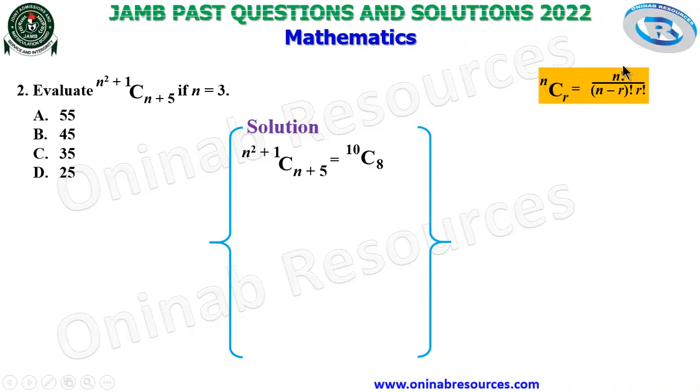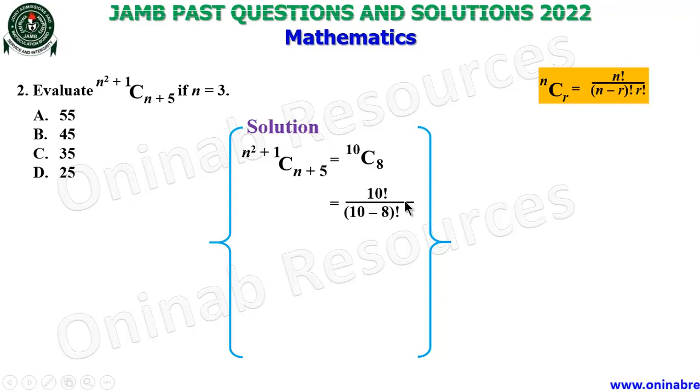By the general definition of combination, n combine r is n factorial over n minus r factorial, then r factorial. We can also get this from our calculator, but the expansion here gives us 10 factorial over 10 minus 8 factorial, then 8 factorial.